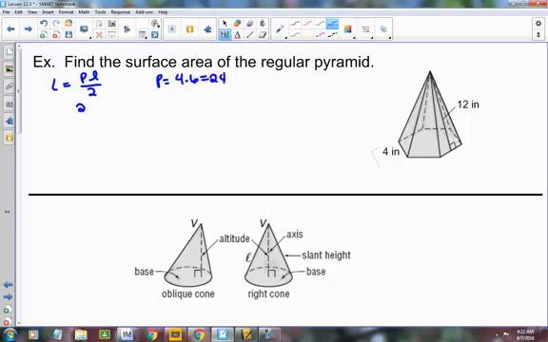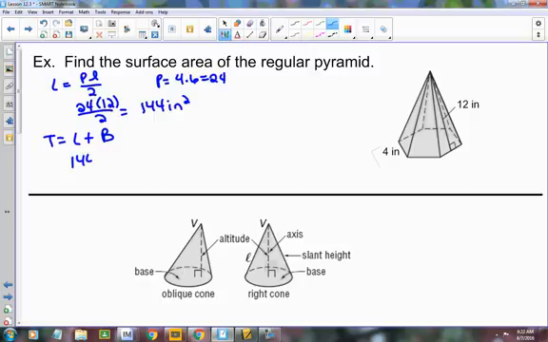So it's going to be 24 times the slant height, which is 12, divided by 2. So what's the lateral surface area going to be? 144 inches squared. Then the total is the lateral plus the area of the base.